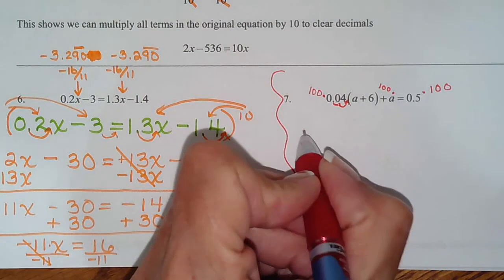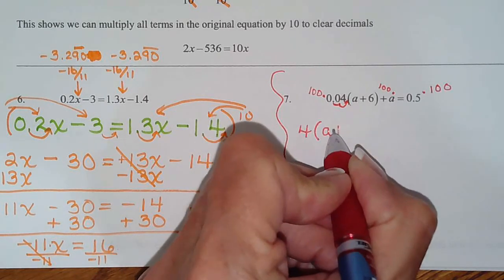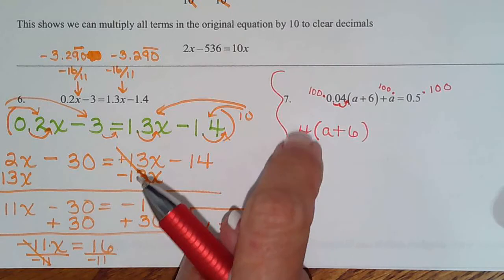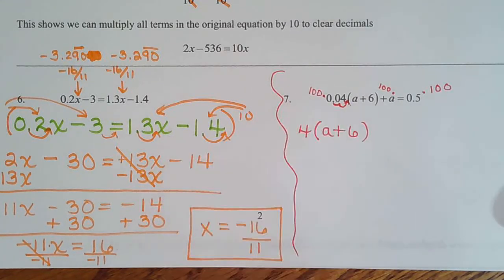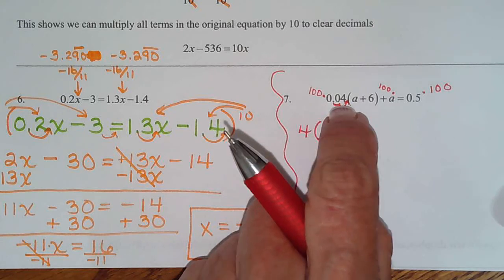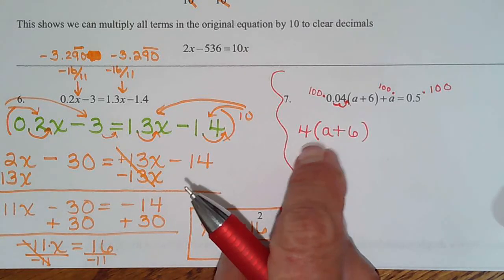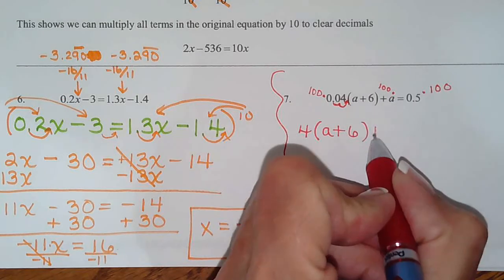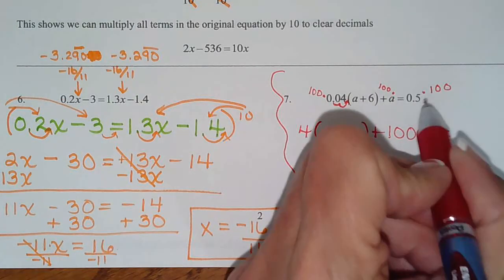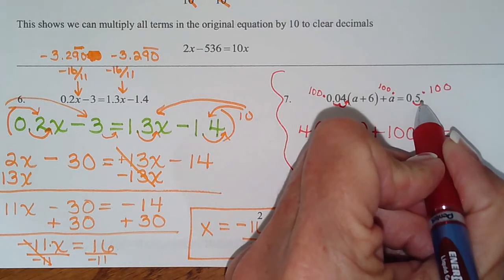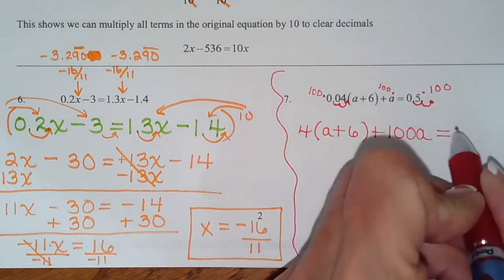So that's going to turn into 4 parentheses a plus 6. And we don't go inside the parentheses because that 4 is going to get distributed and that will take care of multiplying by 100. So just whatever's outside, multiply by 100 and it turns to 4. 100 times a is going to be 100a. And then here, 1 makes it 5, 2 places makes it 50.